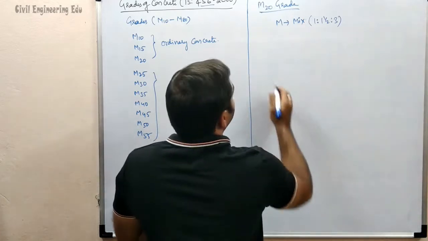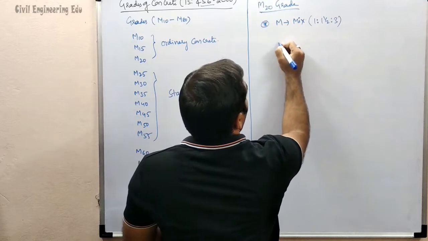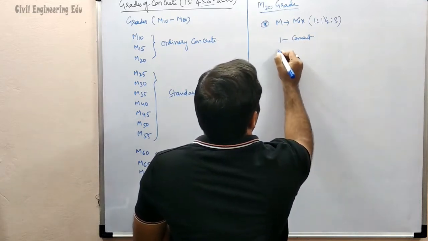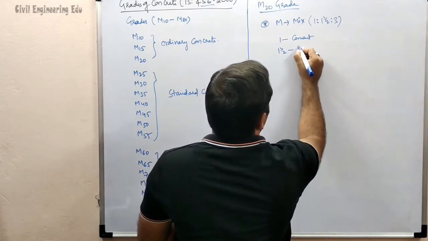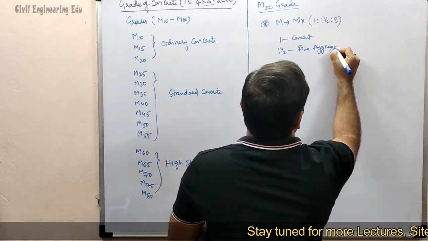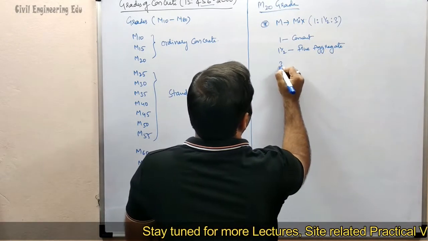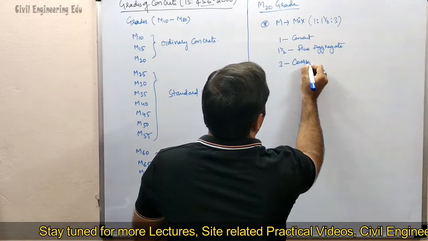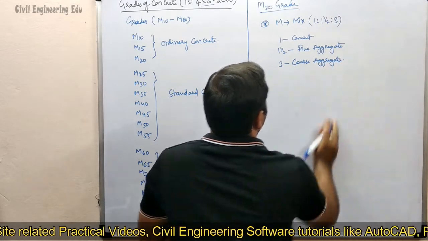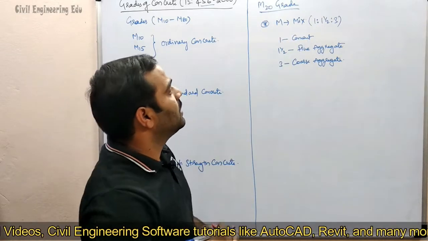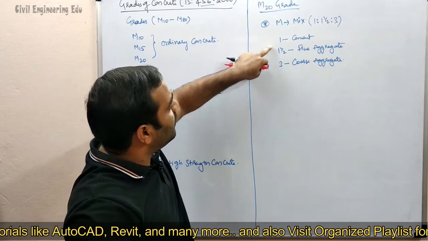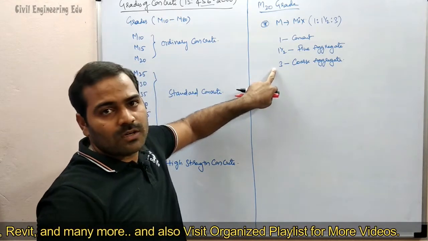So here 1 is cement, 1.5 is fine aggregate, and 3 is coarse aggregate. So M is nothing but mix, that is mix proportion 1, 1.5, 3 for M20 grade, and 1 is cement, 1.5 is fine aggregate, and 3 is coarse aggregate.